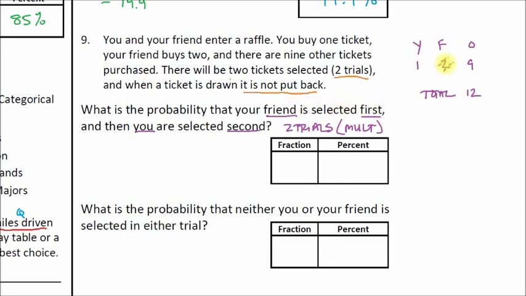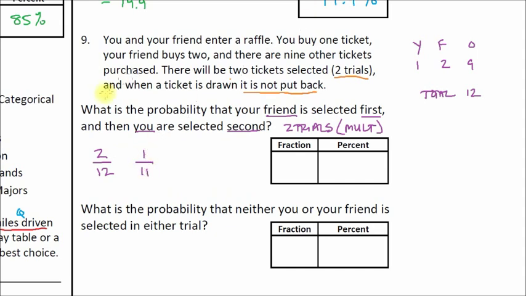Well, your friend has 2 tickets out of a total of 12, so that's 2 out of 12. Now, what's the probability that you're selected second? Well, there's still 1 of my tickets in the raffle barrel. But now there's no longer 12 tickets. There's only 11. So we've got 1 ticket is mine out of 11 total.